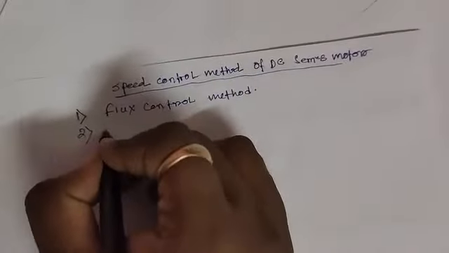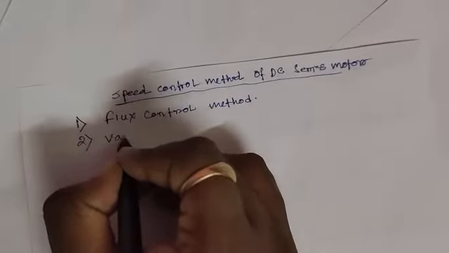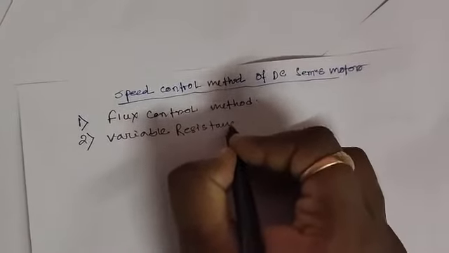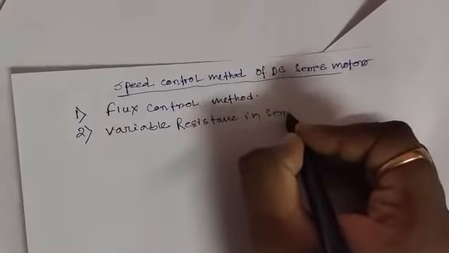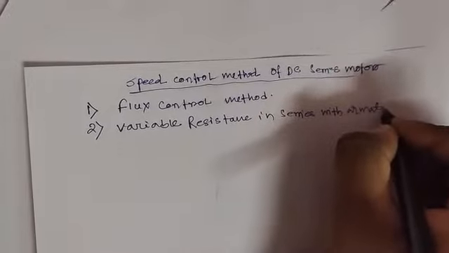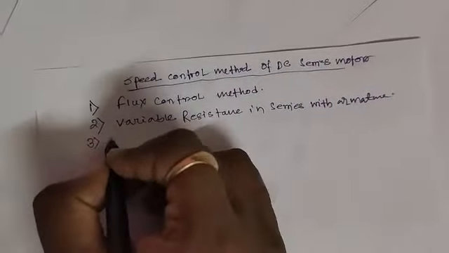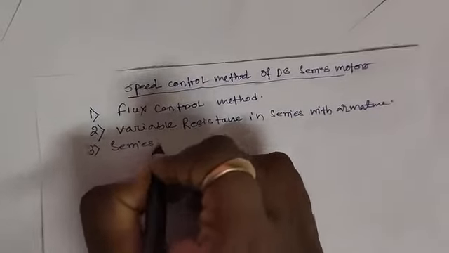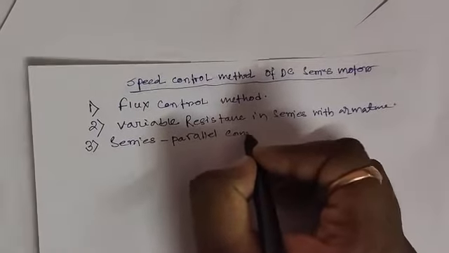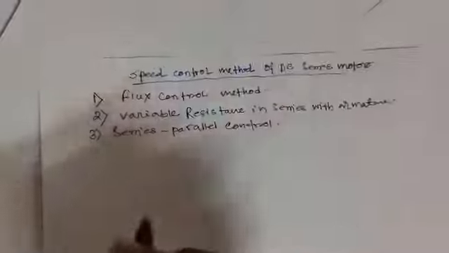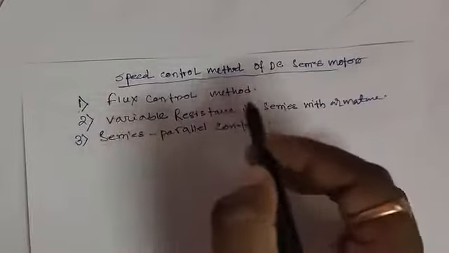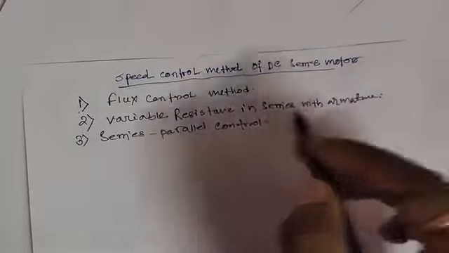Second is variable resistance in series with the armature. Third is series parallel connection, the series parallel control.